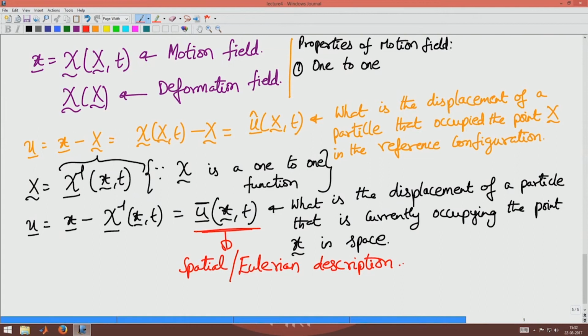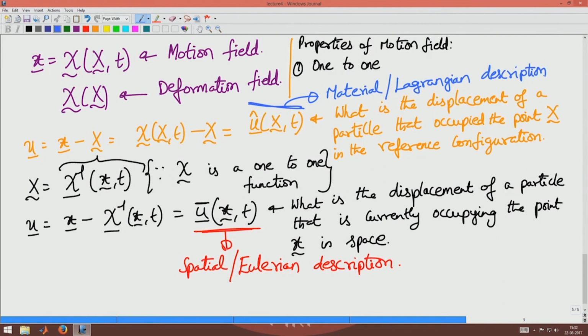And this way of writing the displacement is called the material or Lagrangian description.